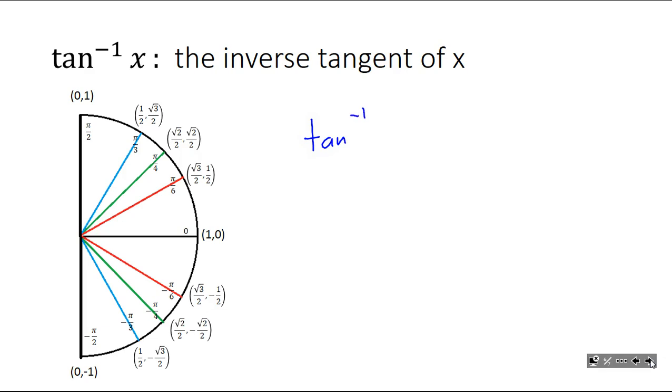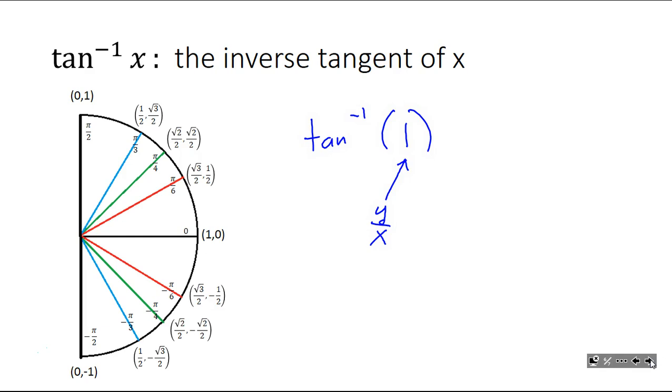Inverse tangent of 1. Now inverse tangent is a little bit trickier because you have to think of ratios, because that's neither going to be x nor y. That's going to be the ratio of y over x. So we need to look at these values here on the unit circle and see if we form a fraction of those, will we ever get a 1?